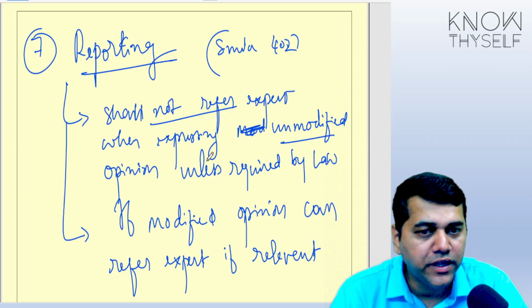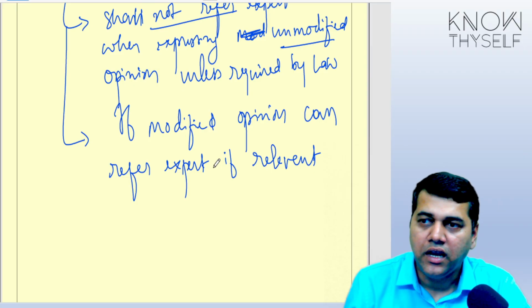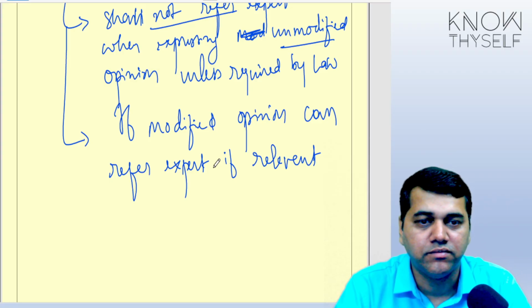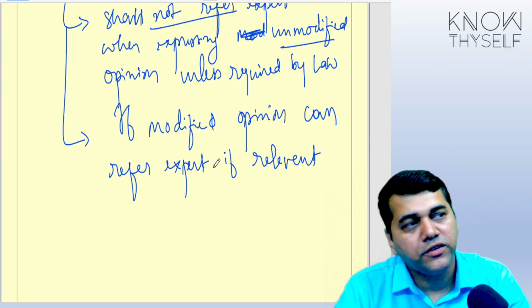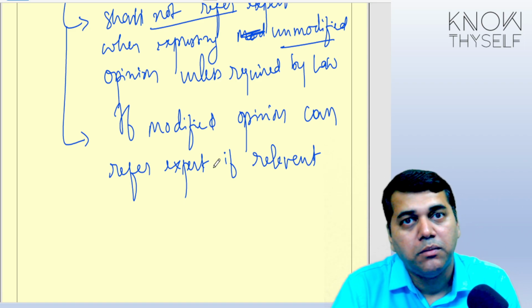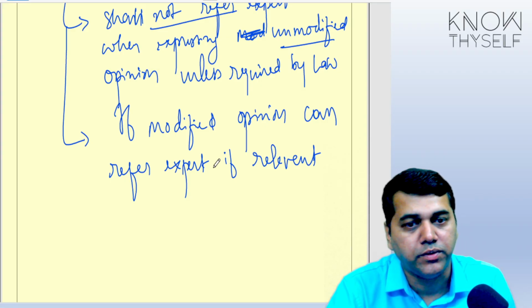Okay, if you feel that without referring that expert work, I may not be able to explain properly why I modified, because that expert might have given a modified opinion. He must have told that something is not proper.